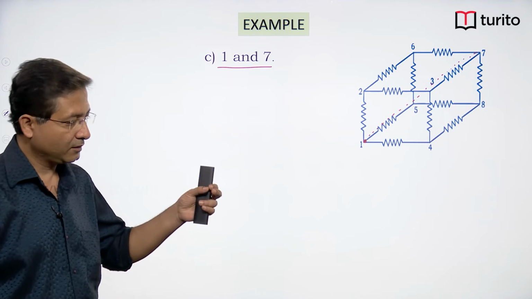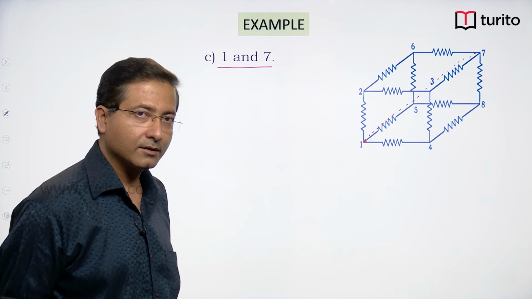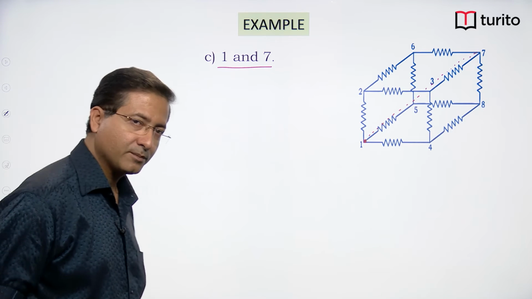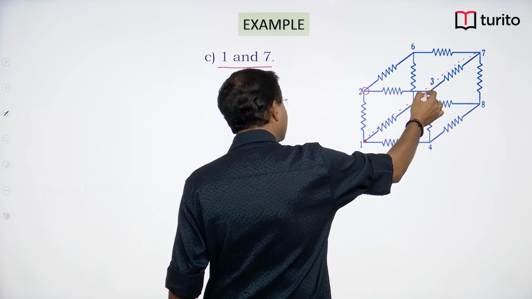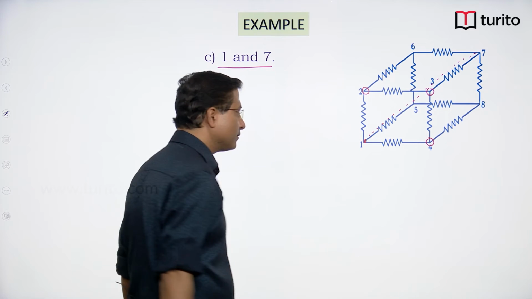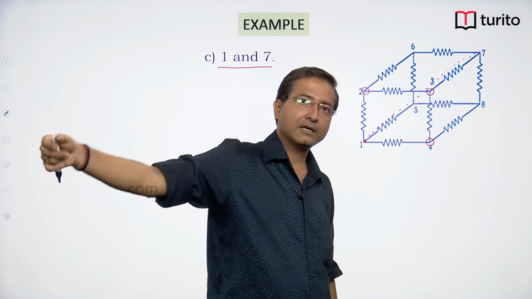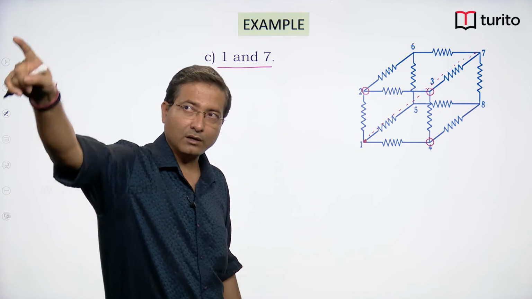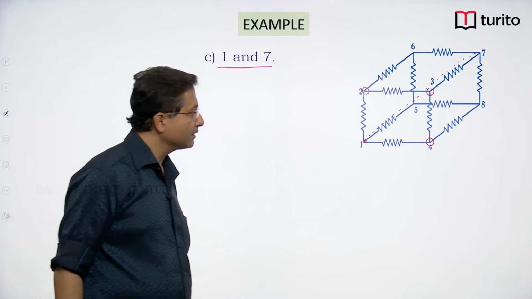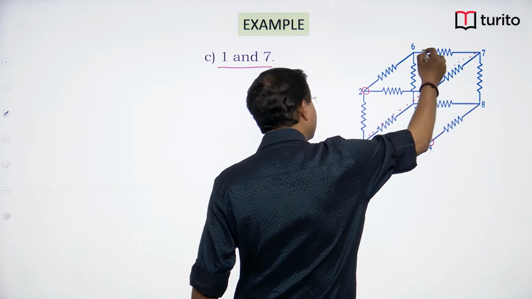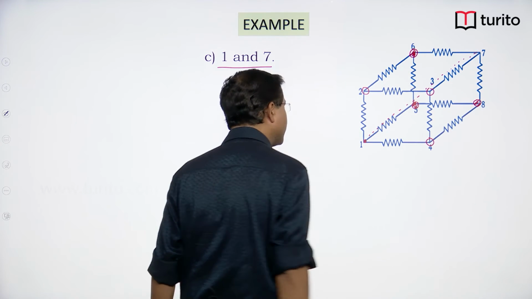So diagonal of the cube, if you think about the diagonal of the cube, then you can see line of symmetry, okay. And with respect to that line of symmetry, the points 2, 3 and 4 will be all same. Visualize the diagonal of the room and visualize nearby corners, right, with respect to that diagonal. So upper one and that corner one and this corner one, they will be at same potential, okay. Similarly from here, if you see these points, this one and this one, they will be at the same potential.